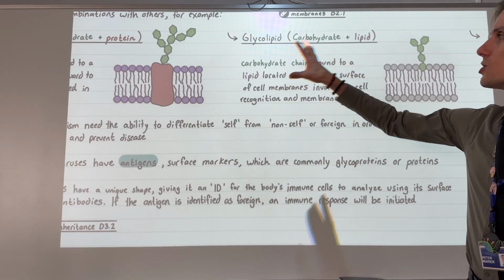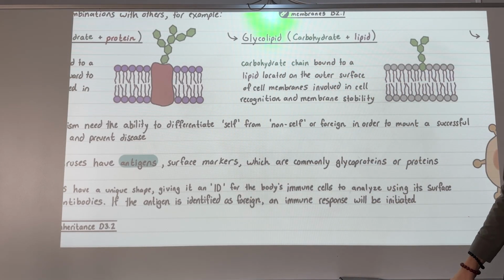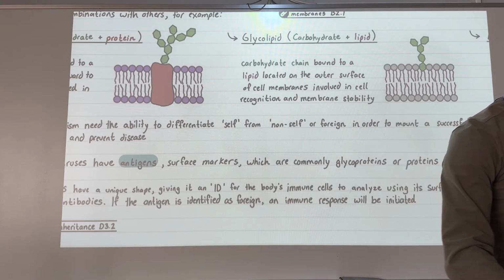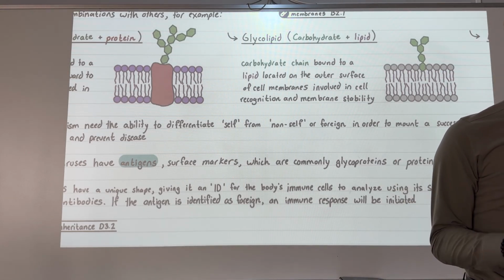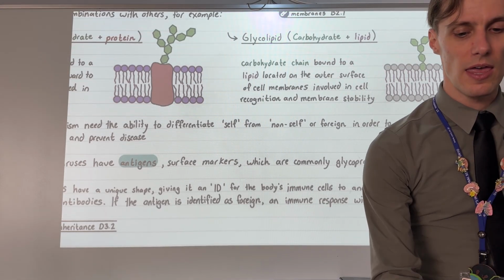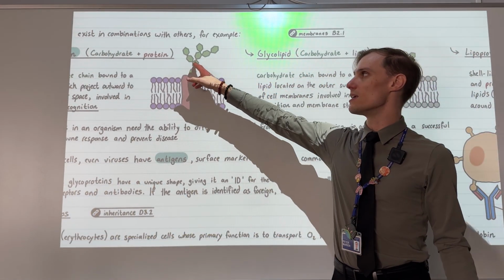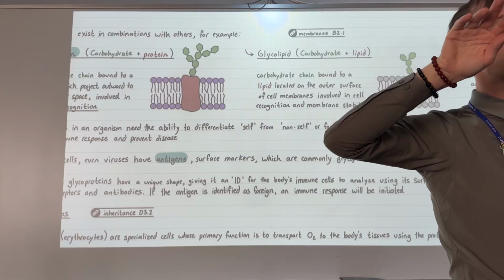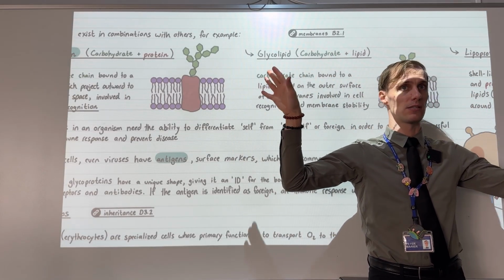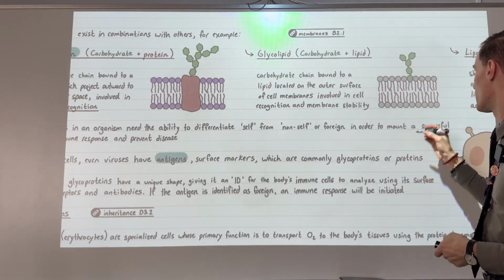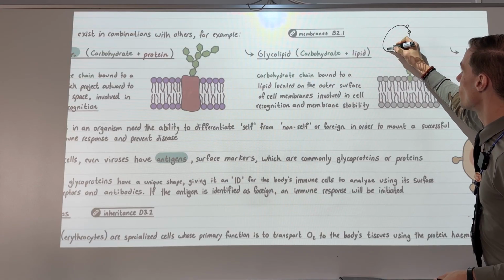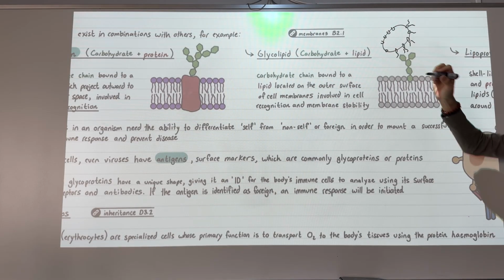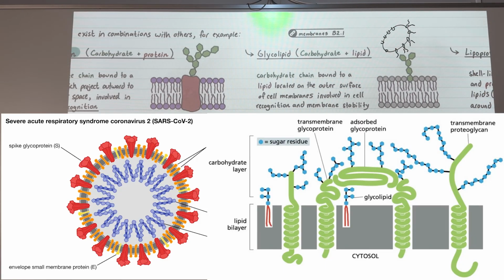Let's take a look at these two sections here. Both glycoproteins and glycolipids are embedded in the plasma membrane, but in a very particular way. The polysaccharide portion will always face the extracellular space. That means that if I have a cell, all of the glycoproteins will face in that orientation. They will all face outwards from the cell.